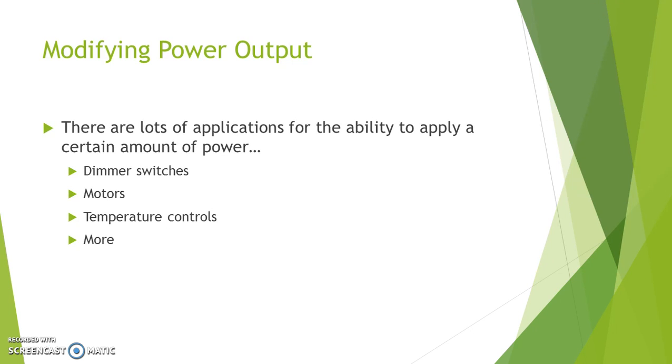So, in terms of circuits, we know about dimmer switches for controlling how bright lights are. We have motors that we want to go at a given speed, for example in robots. And other applications such as temperature controls.